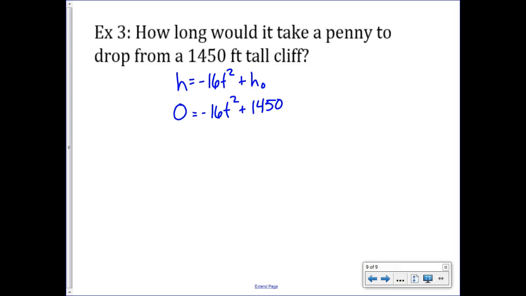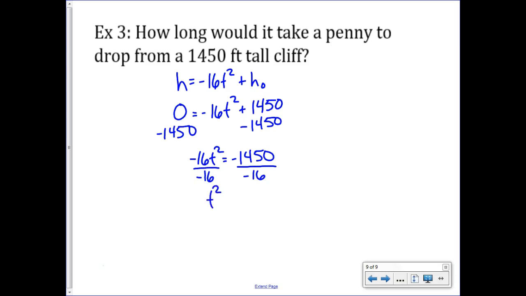So to solve that, I would subtract 1,450 from both sides. And then I get negative 16t squared equals negative 1,450. I'm going to divide by negative 16 so that I just have t squared.